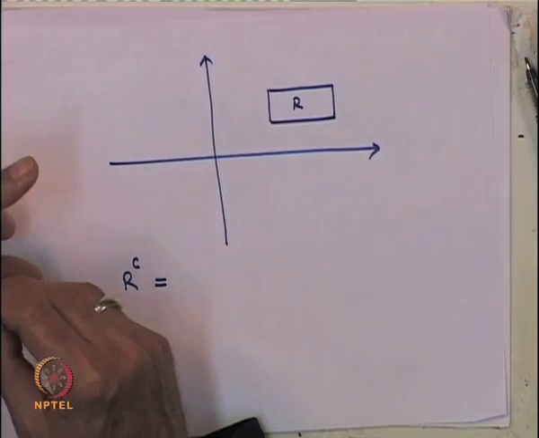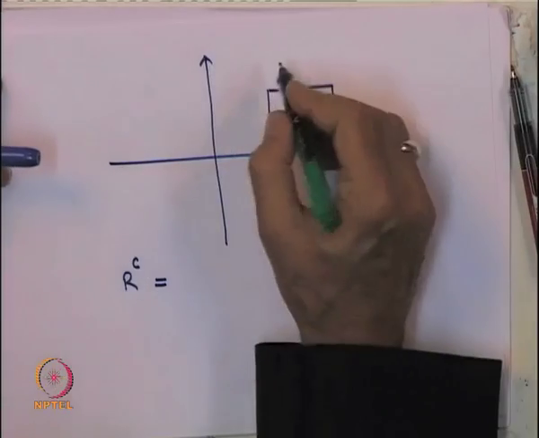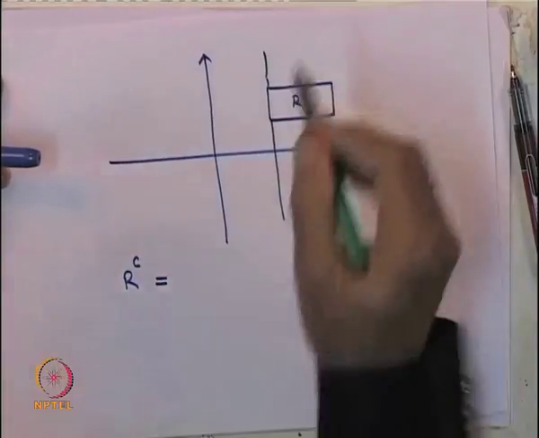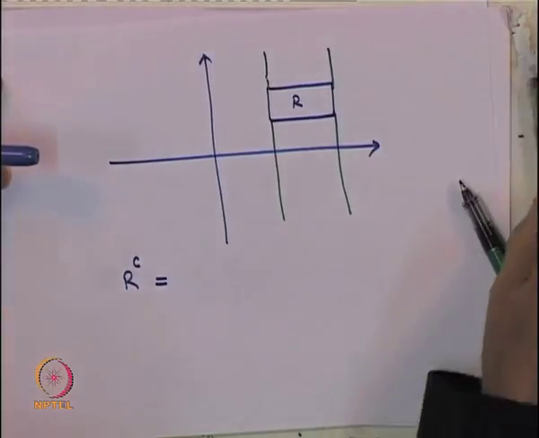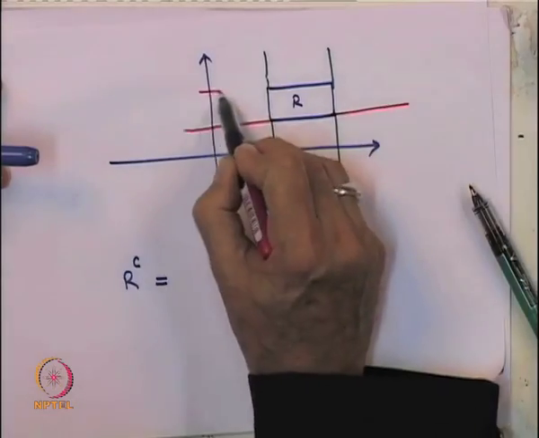Well, obviously in the picture what I can try to do is the following. I can draw lines passing through the sides, and I can draw another line passing through this.